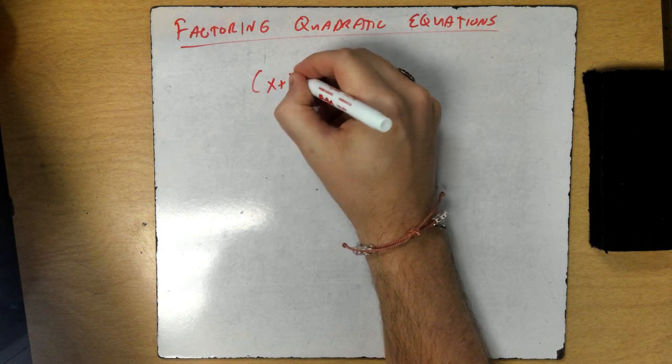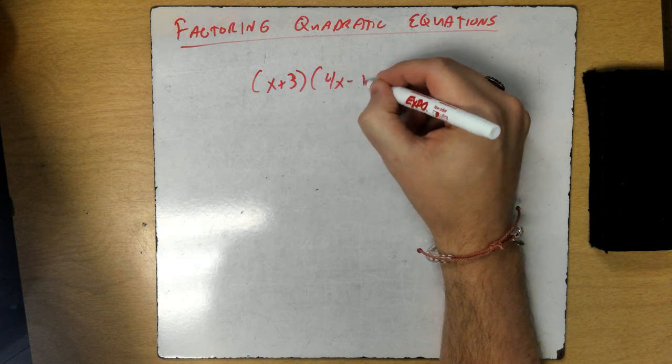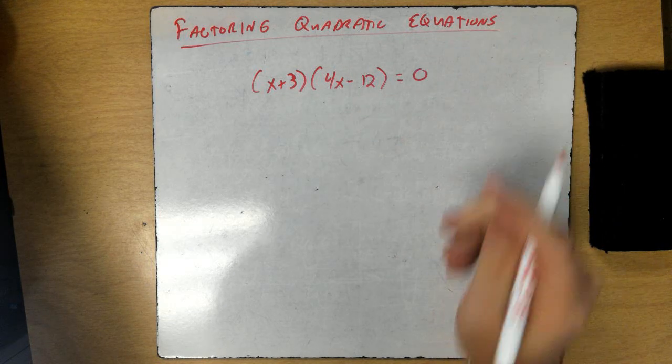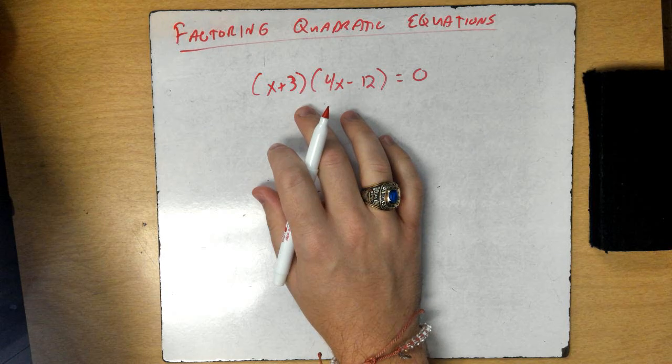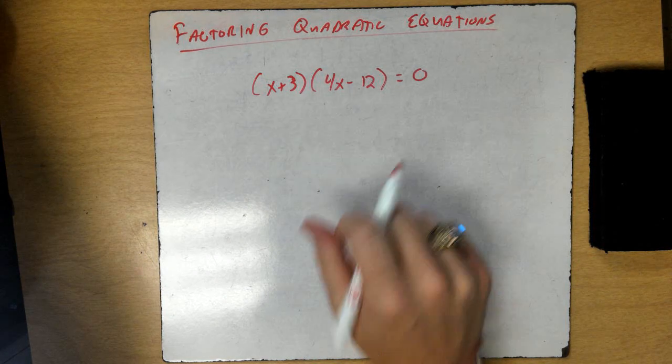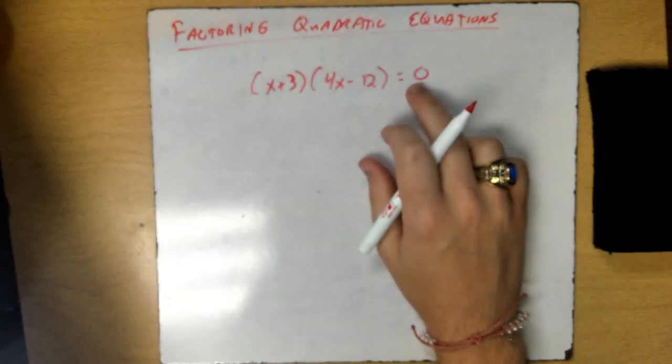Let's do x plus 3 times 4x minus 12 equals 0, okay? So this is something that you've seen before, very similar with the two parentheses, right? With polynomials, the difference is this equals 0 at the end. The equals 0 is what makes this an equation.